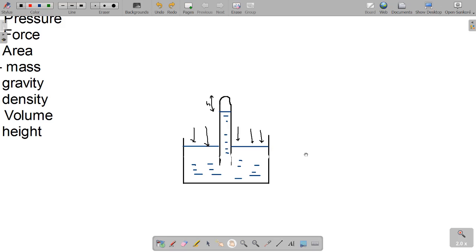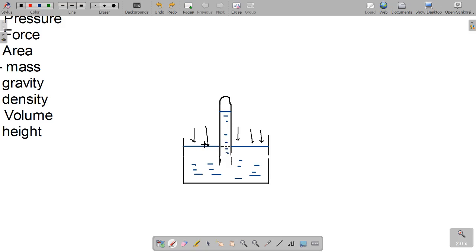Oh wait, never mind. What am I doing? Okay, fine. So the thing is, right, this water level, the pressure exerted here is supposed to be the same.